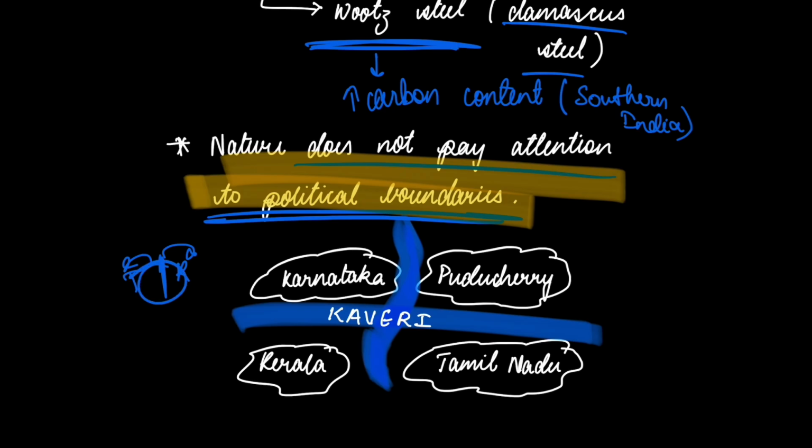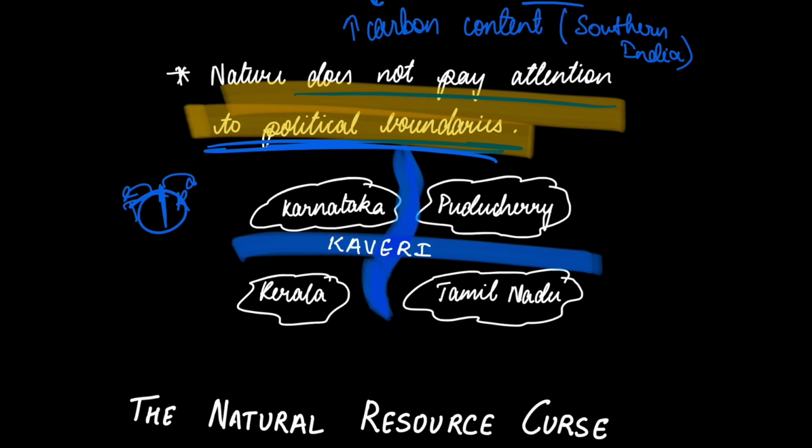It's found somewhere in a place and it will not see the political boundary, because political boundaries are laid by us humans. It is not God's creation or anything like that. So due to this, conflicts will arise. One such example cited in your book is the dispute between Karnataka, Kerala, Puducherry and Tamil Nadu over the river Kaveri. For it, the central government and the courts had to intervene to make sure that the water is properly given to all the places.